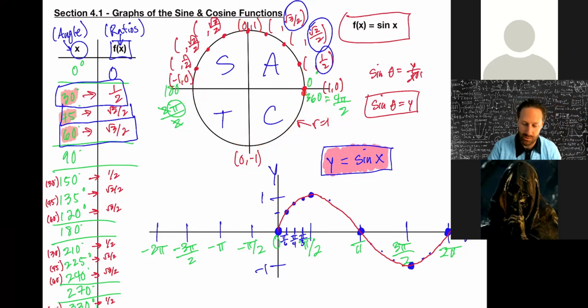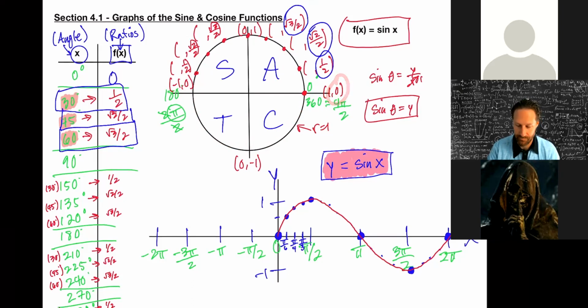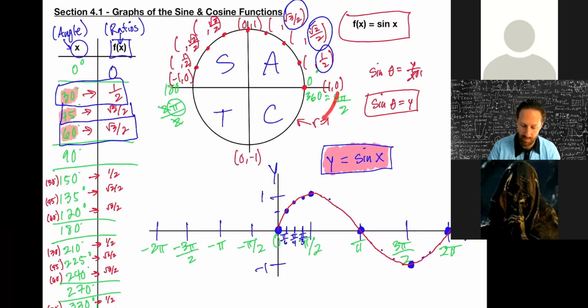Now, don't forget, we could have also gone the negative direction, right? And if we did that, where would we still start? 0. But then we would have gone to what? -1. So going back pi over 2 would have taken me to the -1 value first.